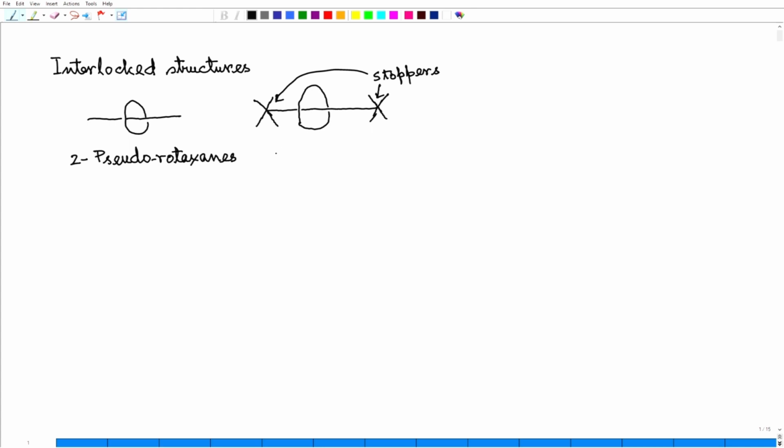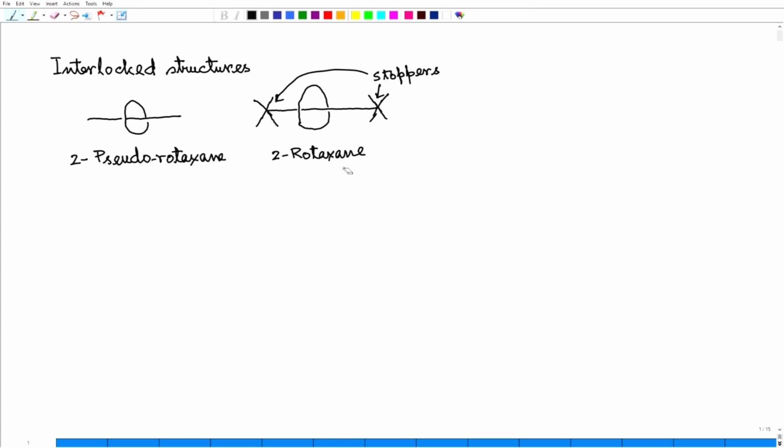This is 2 rotaxane. So, this is 2 pseudo rotaxane and this is 2 rotaxane. Here is no pseudo business, here is a rotaxane.